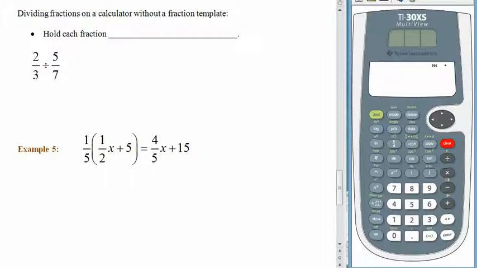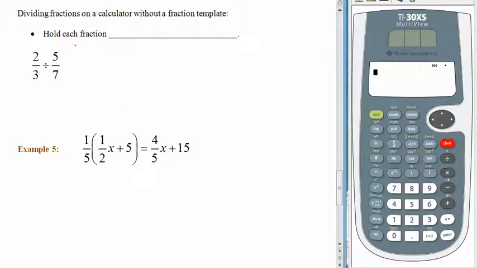So to show you what I mean, let's start off by working this particular problem by hand. We know that 2/3 divided by 5/7 is exactly the same as 2/3 multiplied by the reciprocal of 5/7, which is 7/5. We don't have any factors in common. Nothing's going to cancel here.